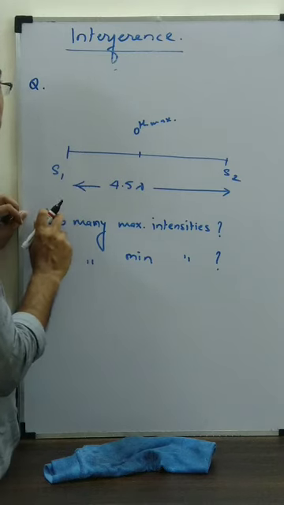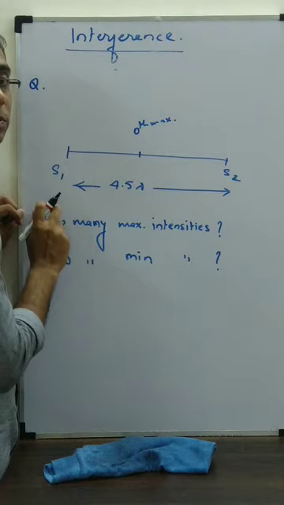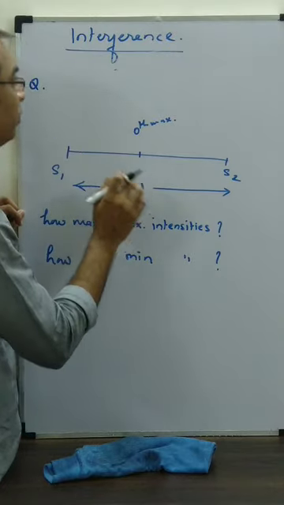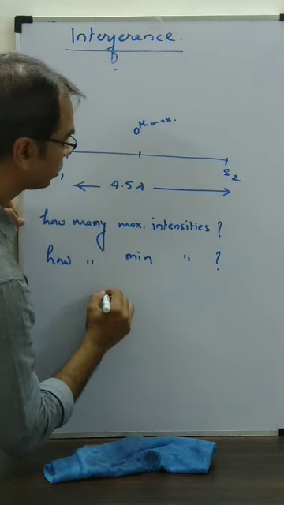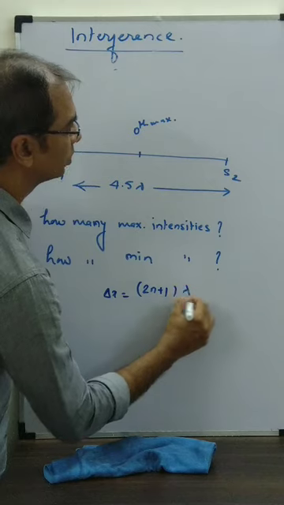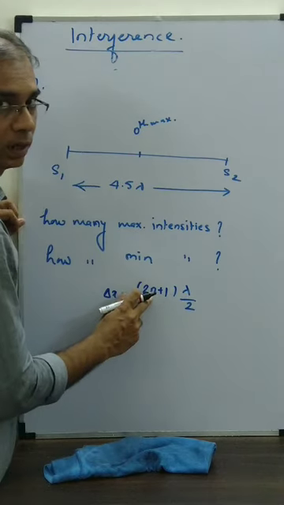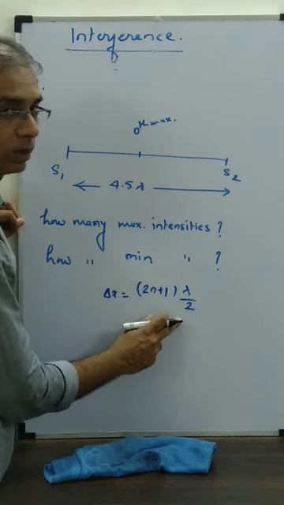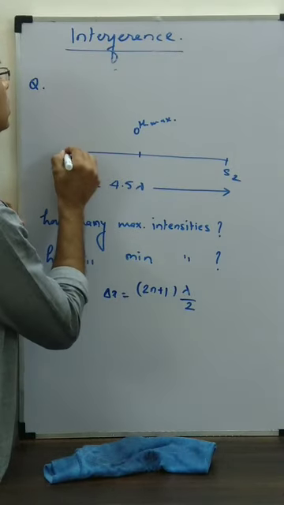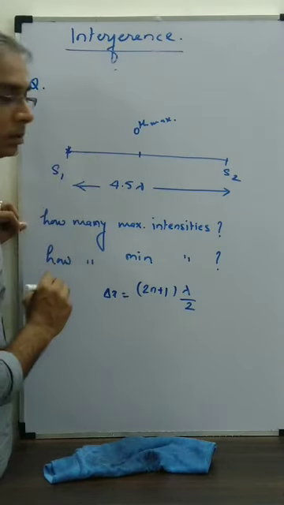Which minima? Fourth minima. How can I say? This is 4.5 lambda. And for minima, we know that delta x is (2n plus 1) lambda by 2. So what shall I get? N, so that I can get 4.5 lambda or 9 lambda by 2? 4. So this is the fourth minima. Fine.